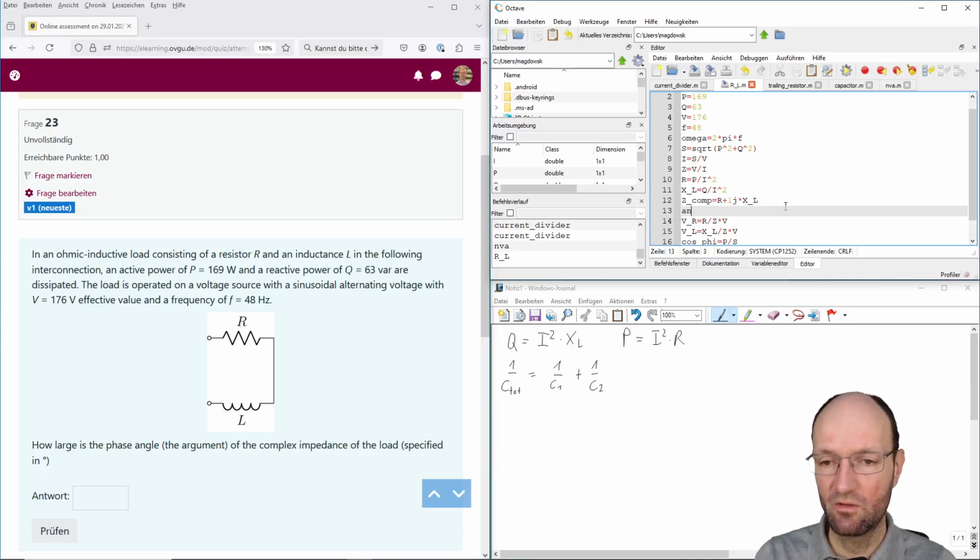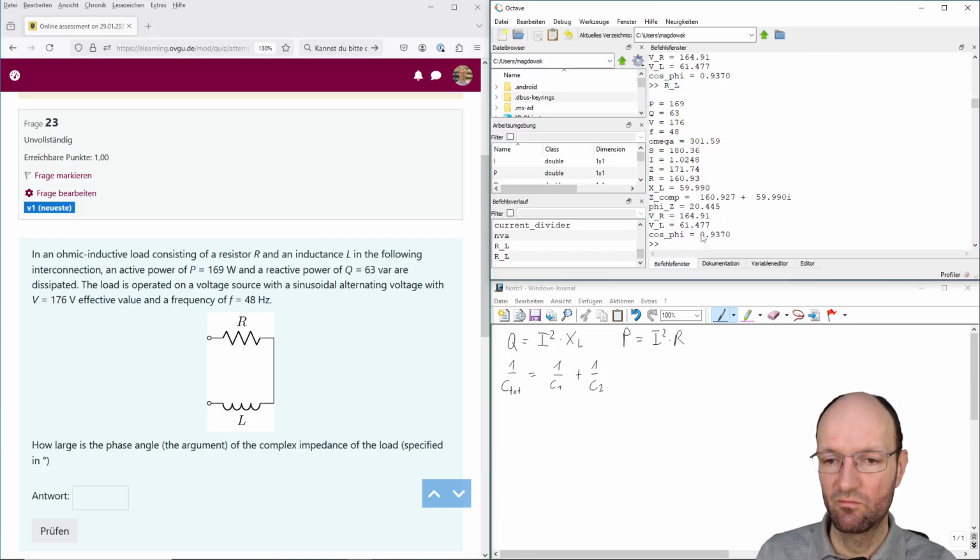And then we can calculate the angle, the phase of this complex impedance, and multiply with 180 divided by pi. And this would be, let's say, phi z, the phase angle of the impedance. And this is the value here, 20.4 degree.